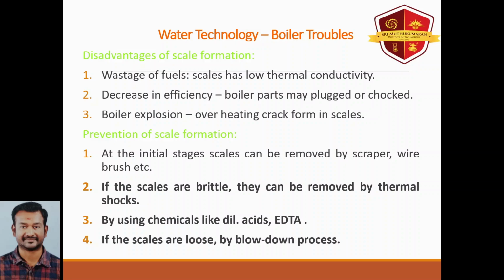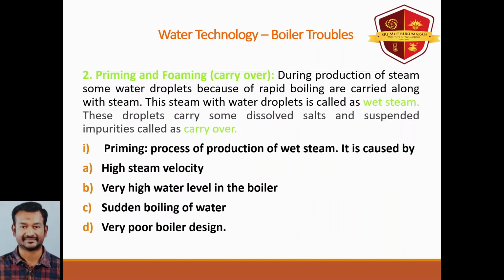Prevention of scale formation should start at the initial stages. Scales can be removed by scrapers, wire brushes, etc. If the scales are brittle, they can be removed by thermal shocks or by using chemicals like dilute acid or EDTA. If the scales are loose, by the blowdown process.